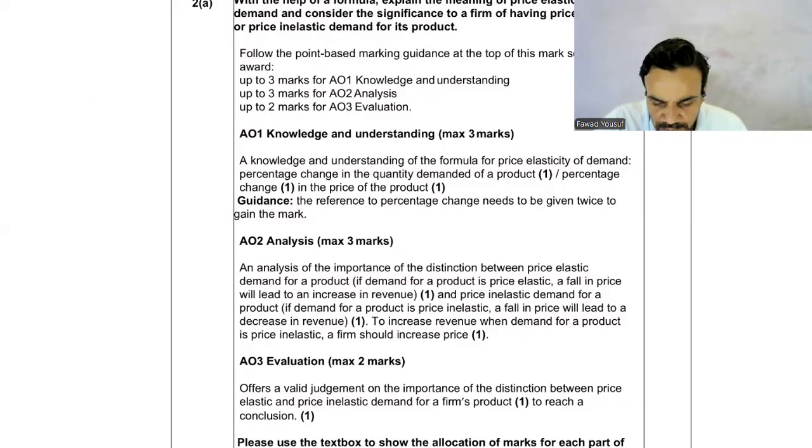Percentage change in quantity demanded divided by percentage change in the price. Wow. They're not even giving a mark for definition.